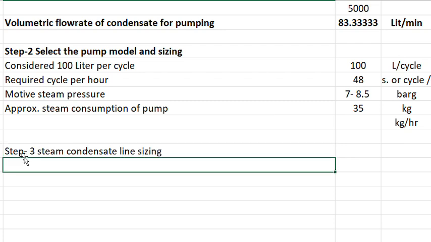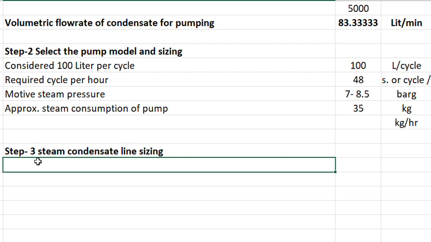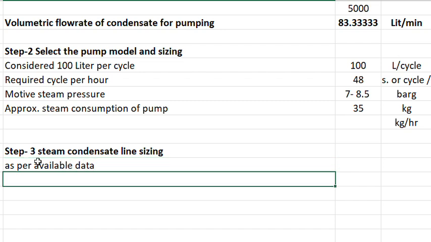We have to decide the line size of the steam, the condensate and the steam vent, all of which are available on the pump. We check the line sizing based on that, as in our earlier series we have explained how to calculate the line size. As per the available data, we go for the line size.